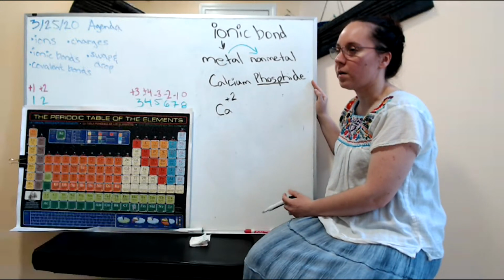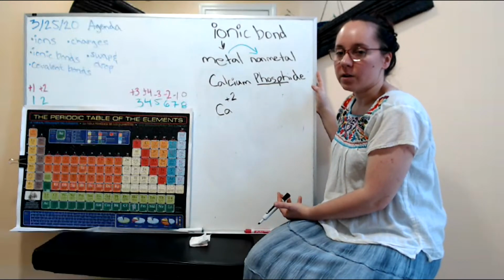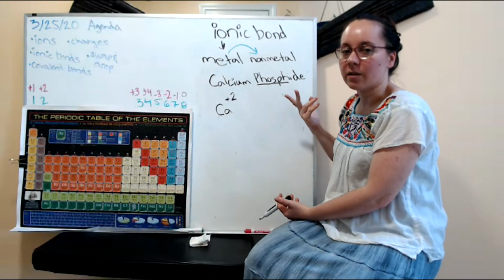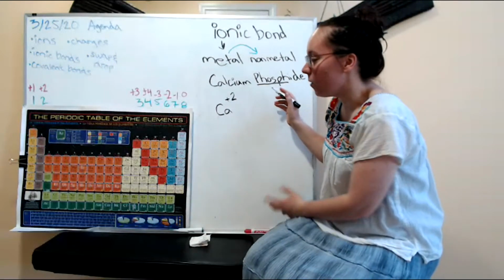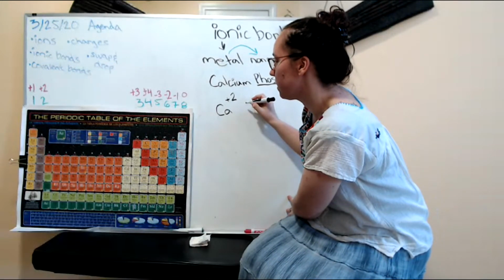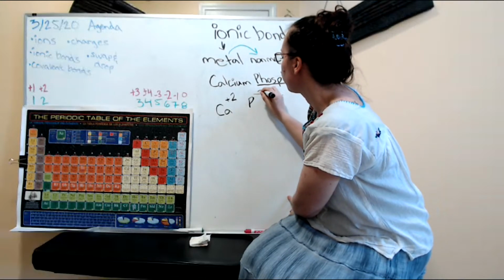Even in a covalent bond, you'll see IDE. But IDE is really saying it's in a bond. So it's not just phosphorus by itself, it came together with something else. All right, so phosphide, talking about phosphorus. So phosphorus is in group 5, meaning it has a -3 charge.